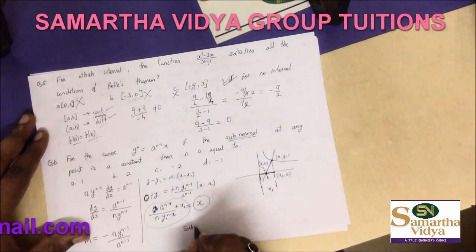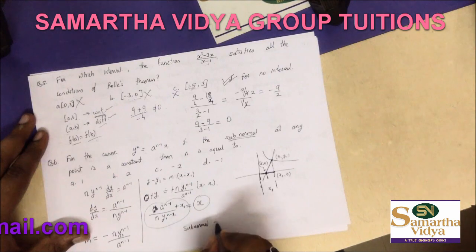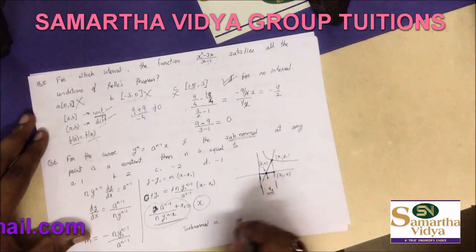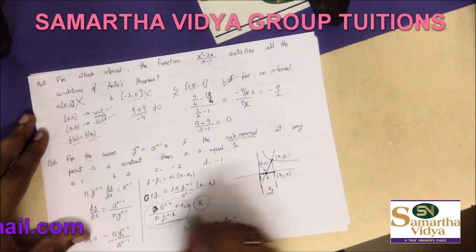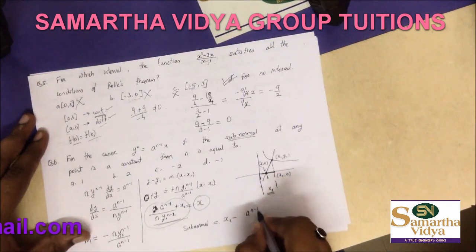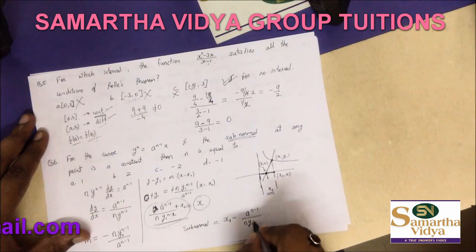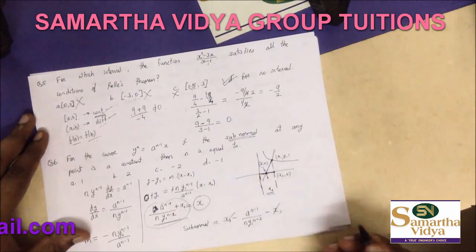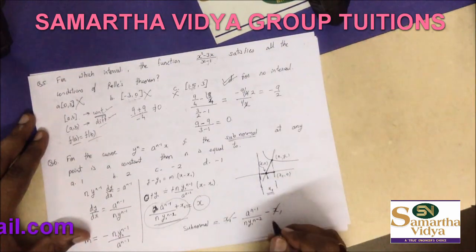The subnormal is going to be the difference of this value and x1, so x1 minus this, which is a^(n-1) upon n y1^(n-2) minus x. So x1 gets cancelled out and we have this term.